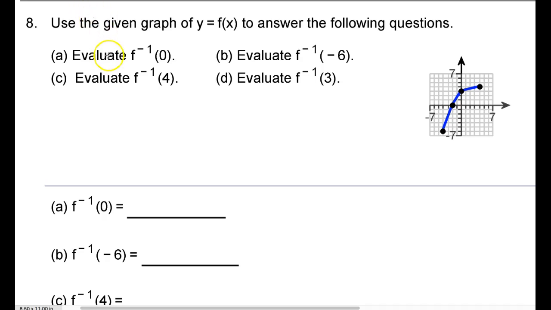So this question is asking us to evaluate several values of the inverse function. And of course, for here, the way that it's written, the goal is we want to know what is going to be the inverse function at 0, what is the inverse function evaluated at 4, and so on and so forth. Okay.